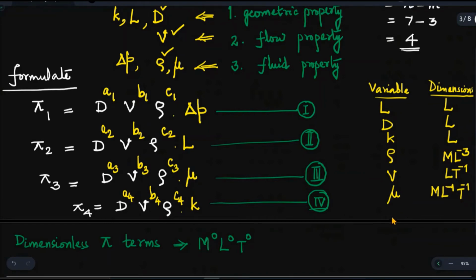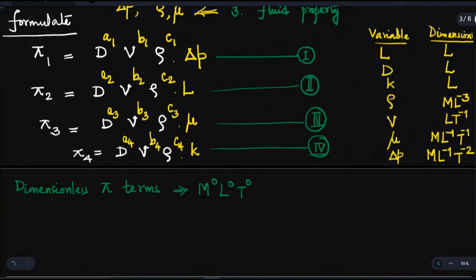Then what remains is delta P, the dependent variable. It has the dimension force per unit area, force M L T raised to minus 2 divided by L square. So it will be M L raised to minus 1 T raised to minus 2. You should not commit a mistake while writing down the dimensions.